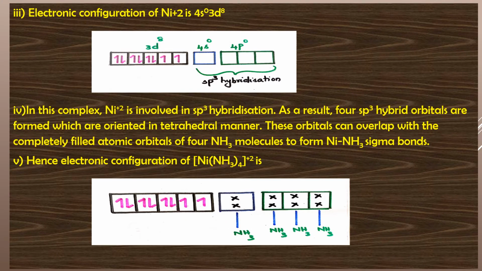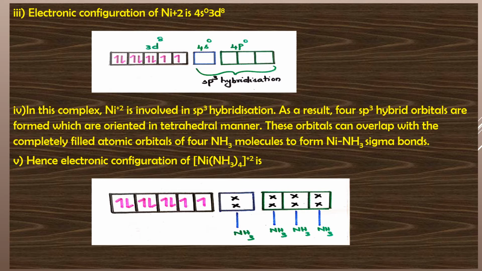So the electronic configuration of Ni2+ will be 4s0 3d8.